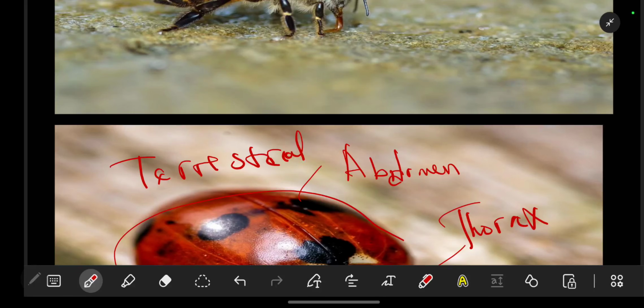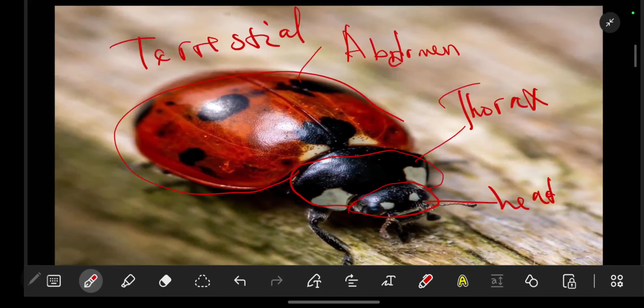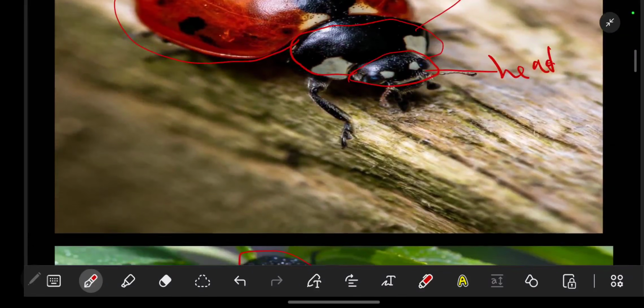Now the other important thing that you must know is that some of them have wings, others do not. For example, we have some ants that have wings, others do not have wings.